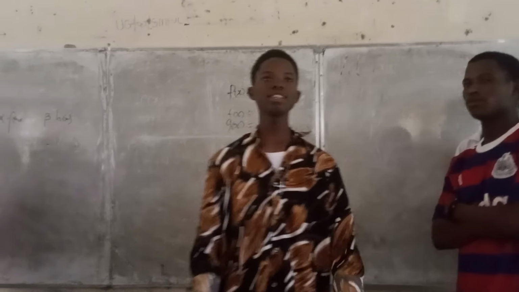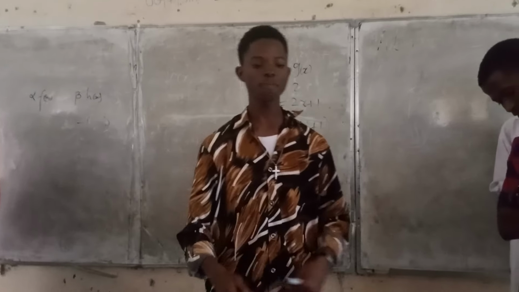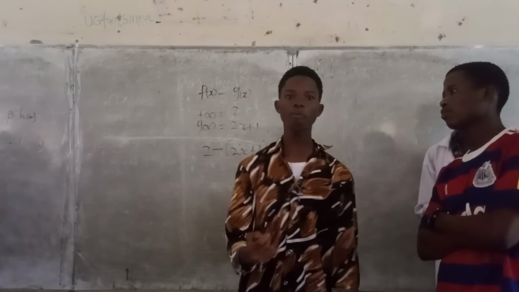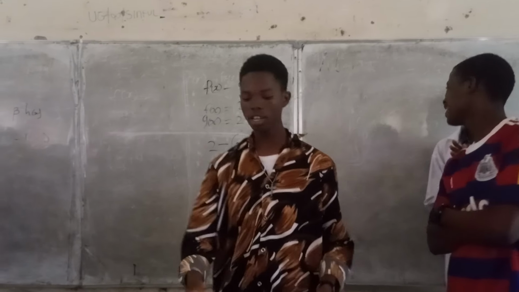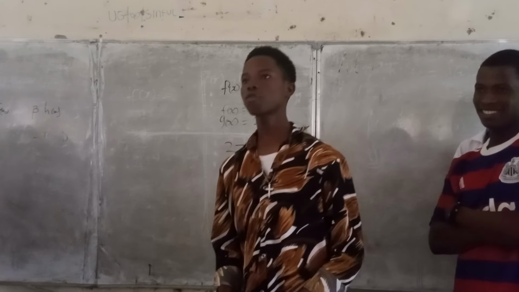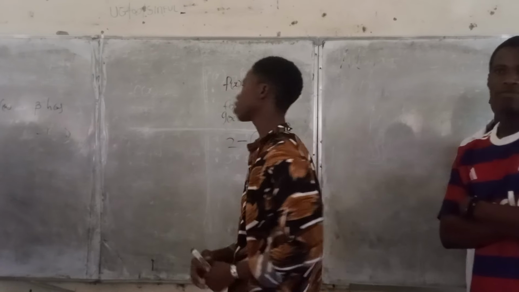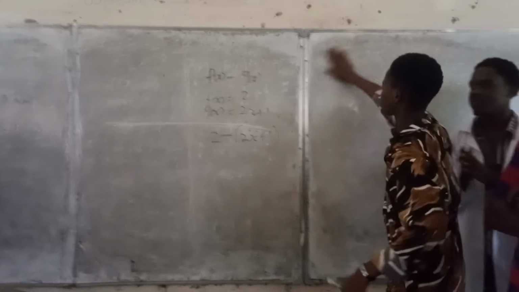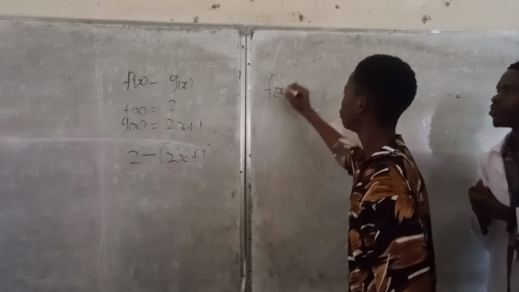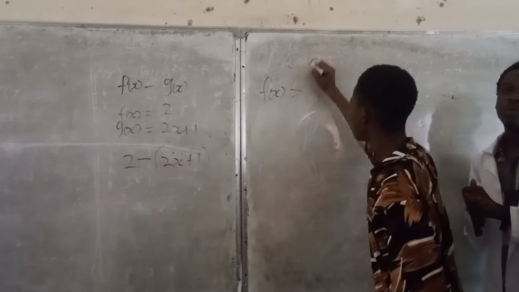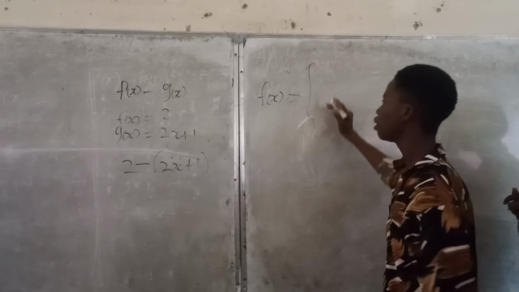Or to make it understandable to us, we can say the piecewise function is talking about the collection of sub-functions. And in respect to piecewise function, the way we usually write it, you can see this way that f of s is equal to, something like this.